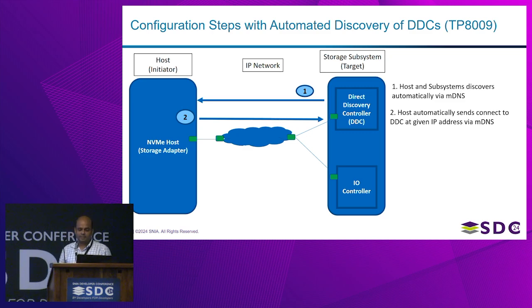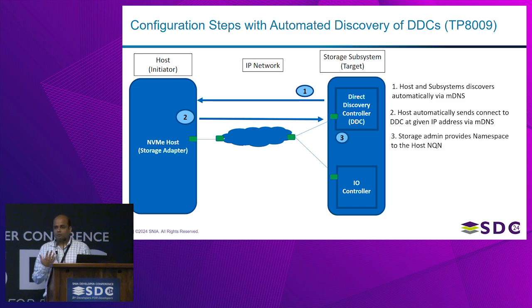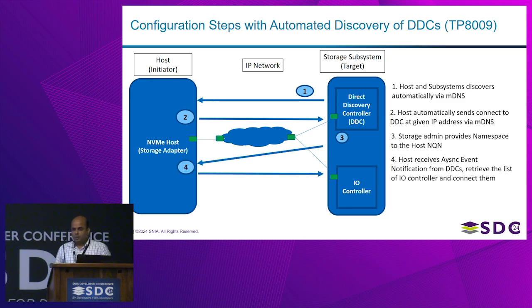A host automatically sends the command to the DDC at a given IP address via mDNS, and once we have the information, the storage admin can provide the namespace to a particular host NQN. Then the host receives the asynchronous event notification, and it retrieves the list of IO controllers and all the subsystem storage devices connected to that particular IO controller, and does the further IOs.